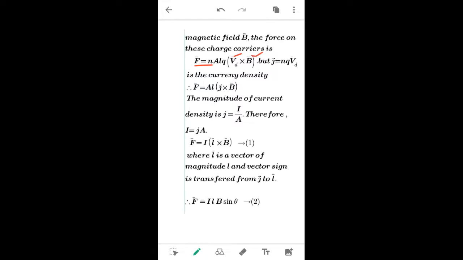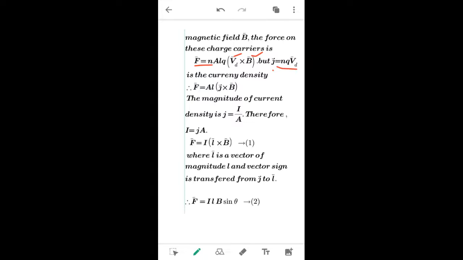From the previous chapter we know what current density is. Current density is J equal to nqVd. Current density is a vector quantity but current is a scalar quantity.